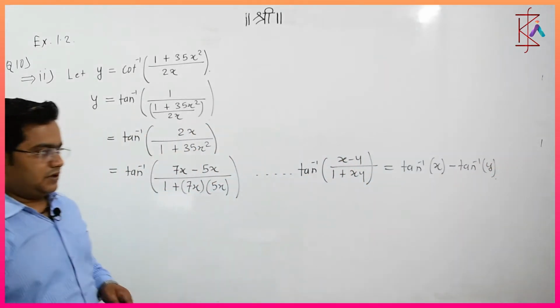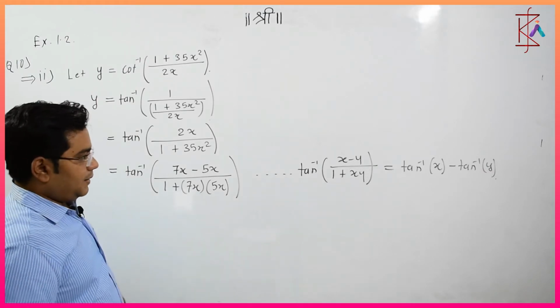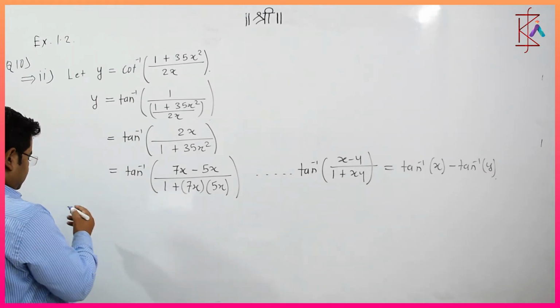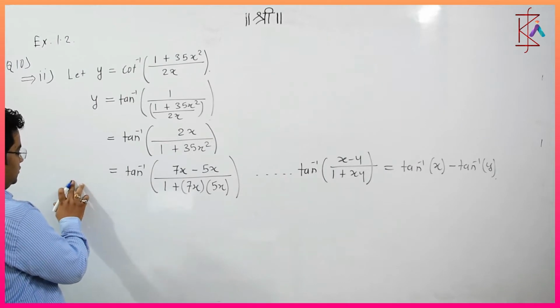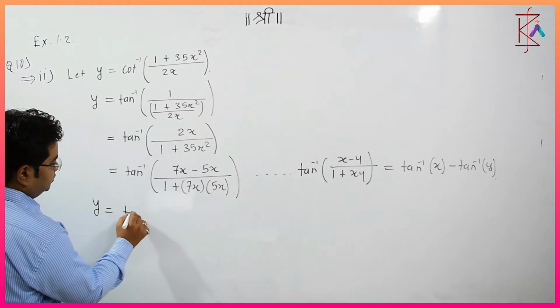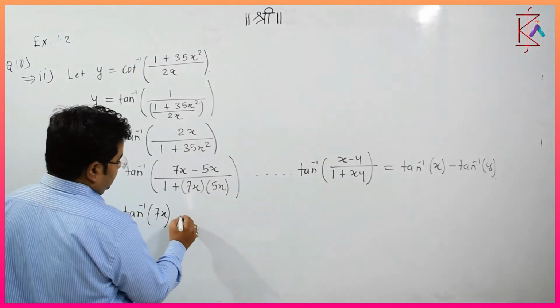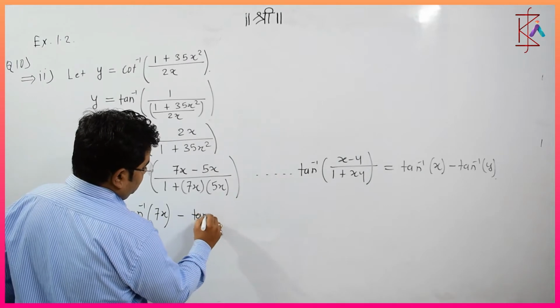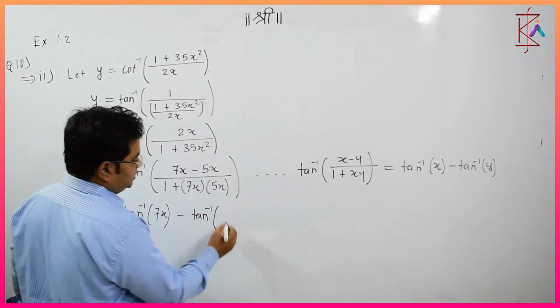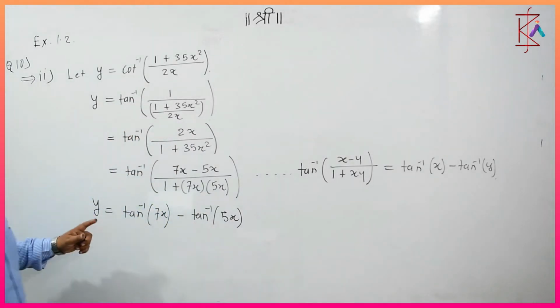Just look at this formula, it is awesome. Now next step, application of this formula. How can we apply it? y is equal to tan inverse of 7x minus tan inverse of 5x. So this much only we need to write.